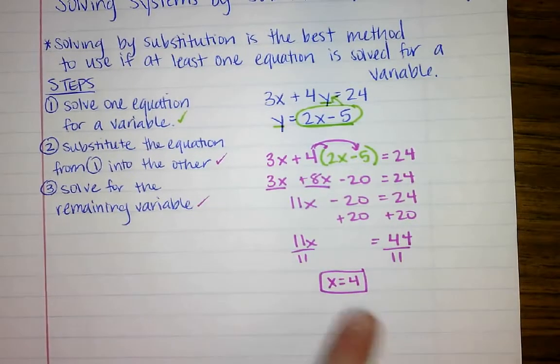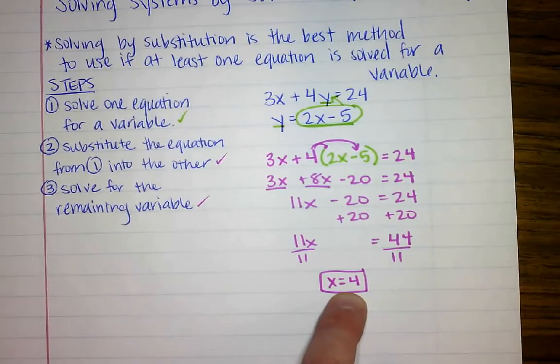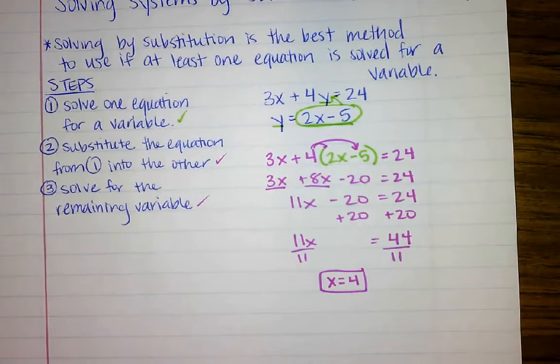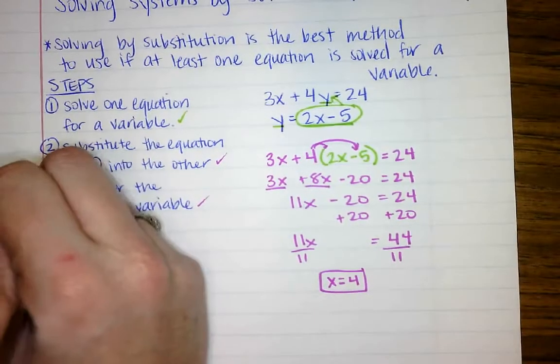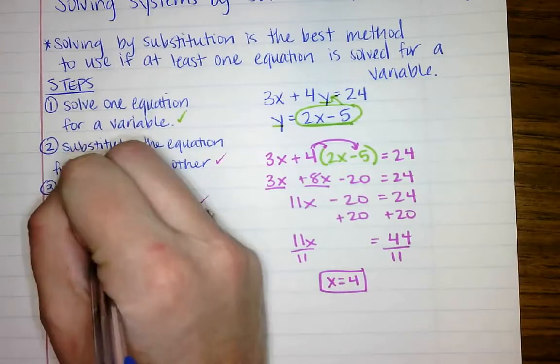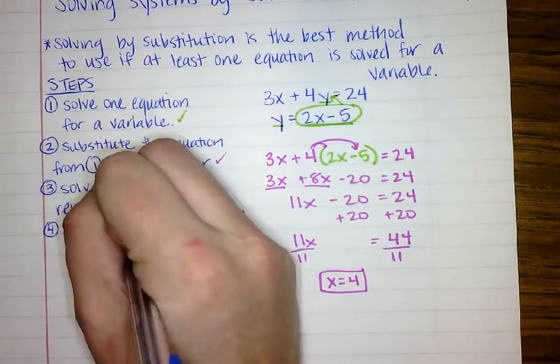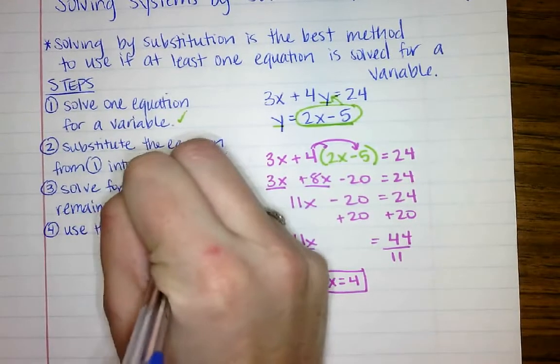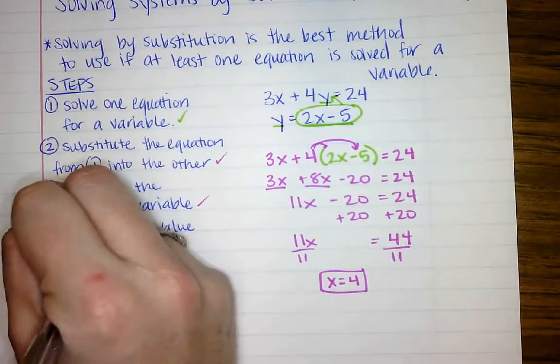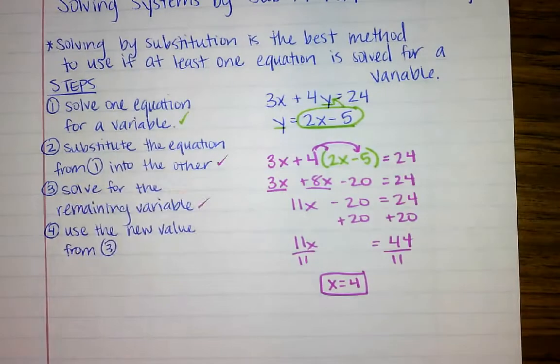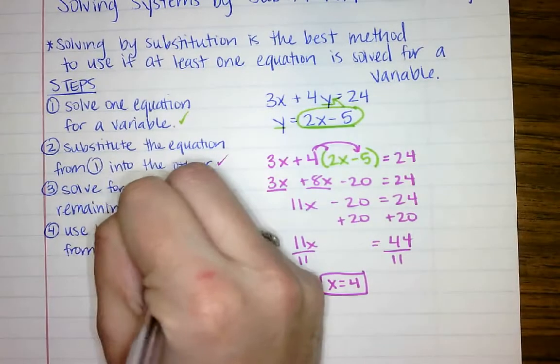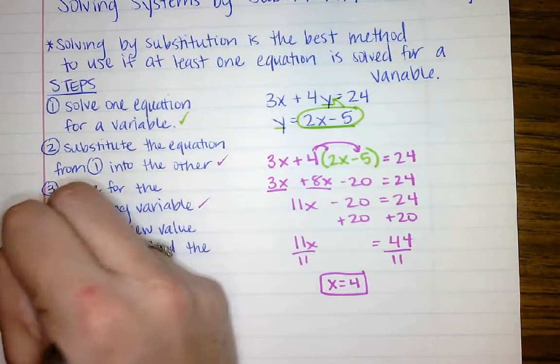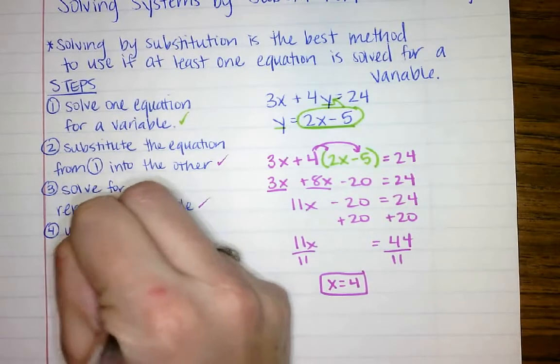Now we use that value from step 3 and plug it into one of our equations to find the y value. So our step 4 is you use the new value from step 3 to find the other variable.